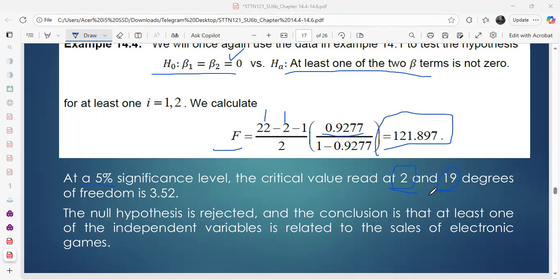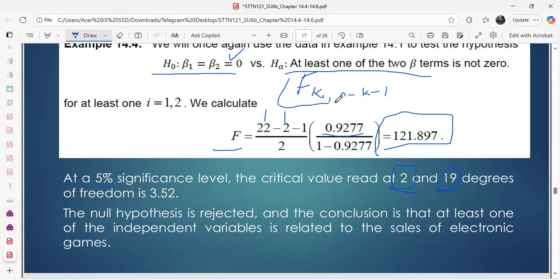Now we said that remember, it was F, and then K, and then the other one was N minus K, and then minus 1. Now you know how they got the test statistic, right?